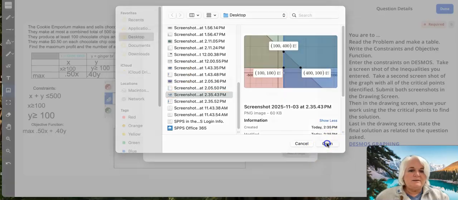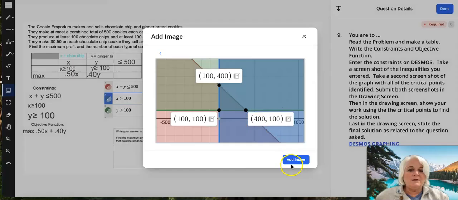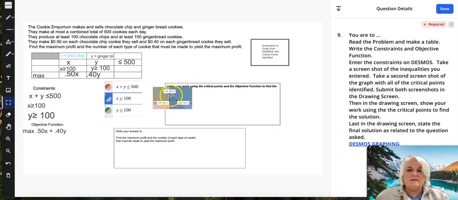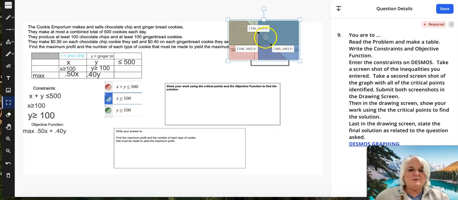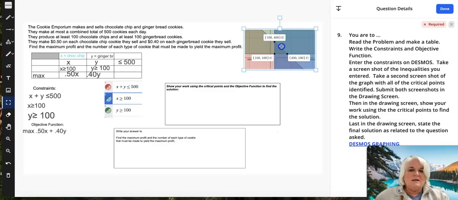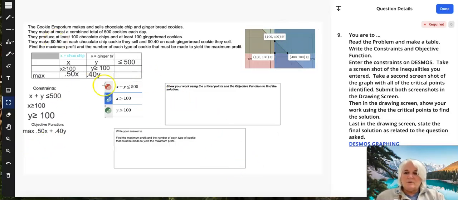There's my graphs with my critical points. And then I'm going to put that over here, and I'm going to expand it a little bit so I can see the numbers and the region, where I'm getting those numbers from, and show my work.